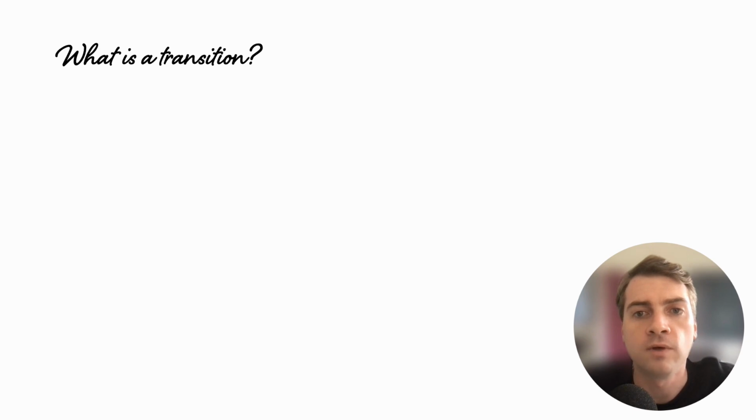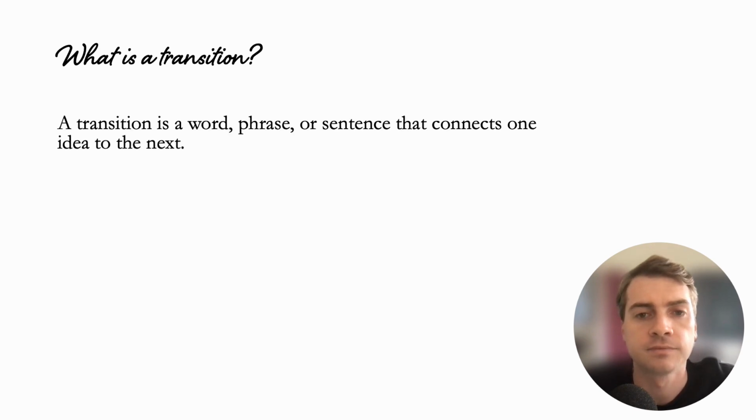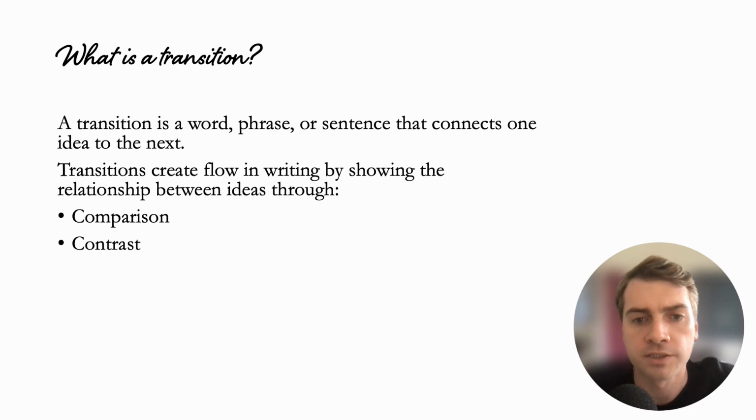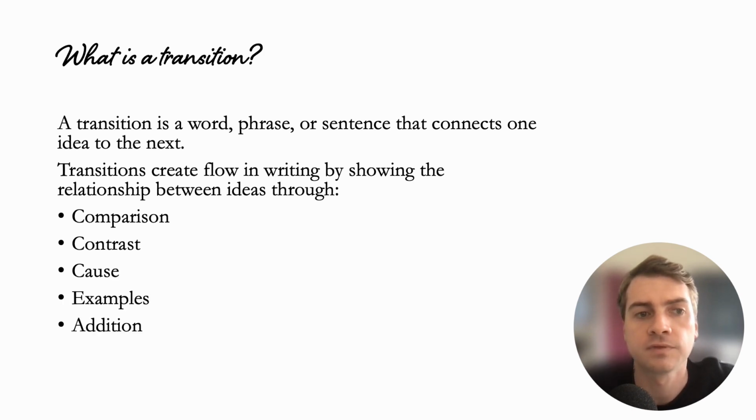All right, so what is a transition? A transition is a word, phrase, or sentence that connects one idea to the next. Transitions create flow in writing by showing the relationship between ideas through comparison, contrast, cause, examples, addition, and summarizing, and there are other uses, but these are the most common ones.